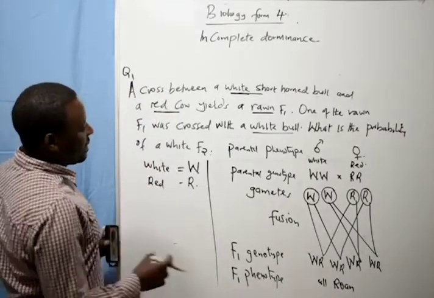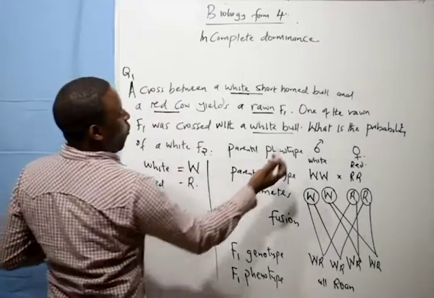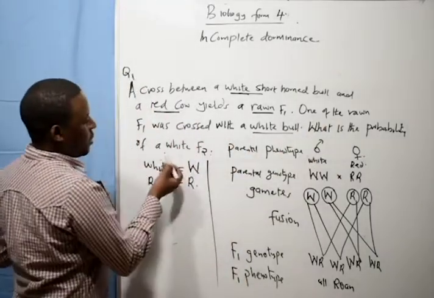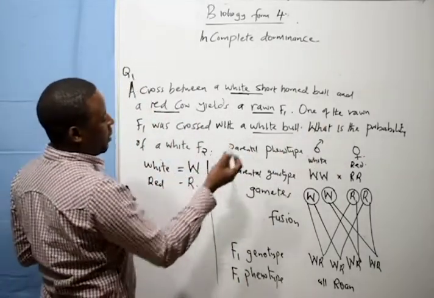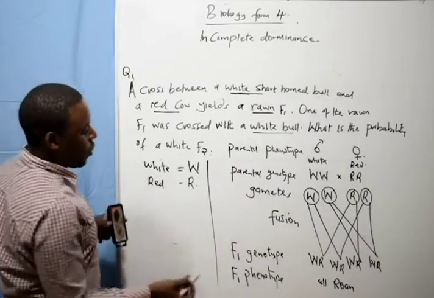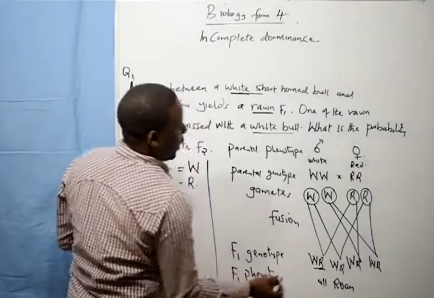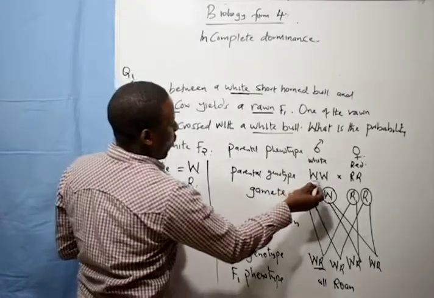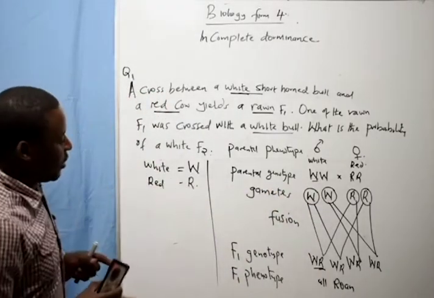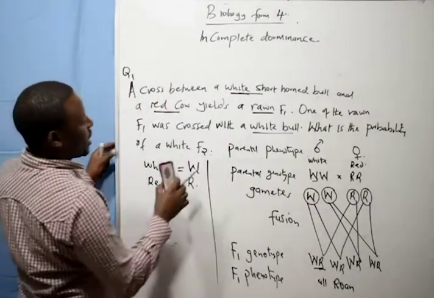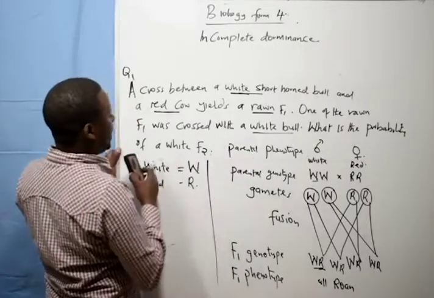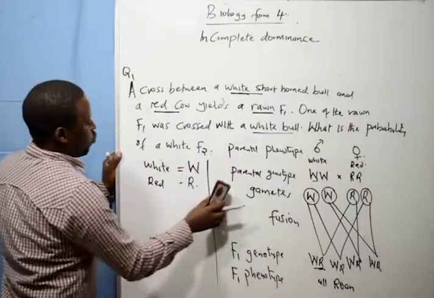Then you were told one of the roan F1 was crossed with a white bull. Let's cross one of the roan F1 with a white bull and see what we get, because you asked for the probability of a white F2.